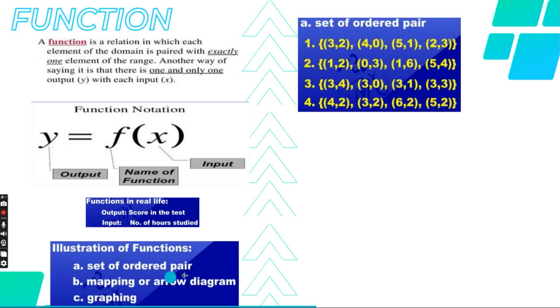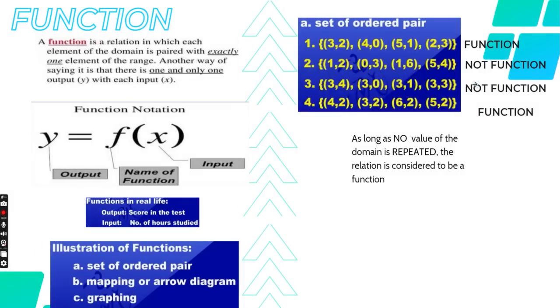First one is the set of ordered pairs, a collection of ordered pairs. Which one is a function and which one is not? Number 1, (3,2), (4,0), (5,1), (2,3) is a function because, looking at the domain 3, 4, 5, 2, no domain values of x are repeated.